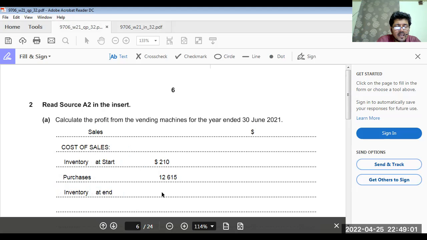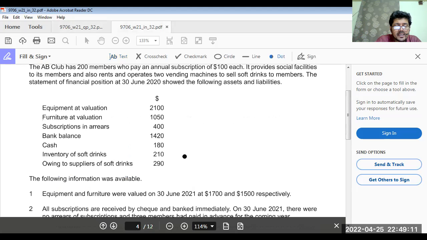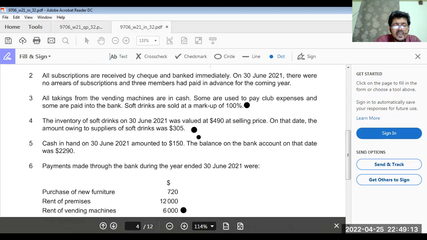Ending inventory, I think it's not given. Yeah, we have to calculate. Ending inventory 490. 490 divided by 2, because inventory is at selling price and a 100% markup, is 245. 245 is the amount of ending inventory.